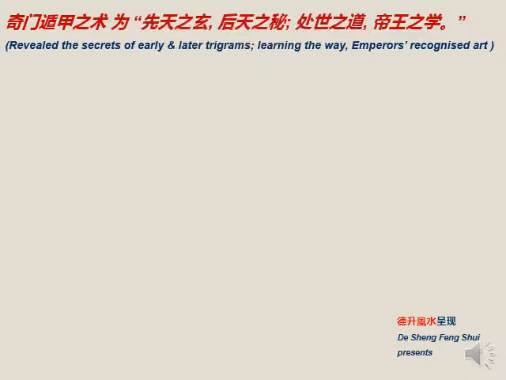There are inauspicious combinations also. In Chinese, there is a saying about 奇门遁甲: 奇门遁甲之术为先天之玄，后天之秘，处世之道，帝王之学. It reveals the secrets of the diagrams and heavenly secrets. It is the way to learn how to behave, and this is the emperor's recognized art in ancient China.